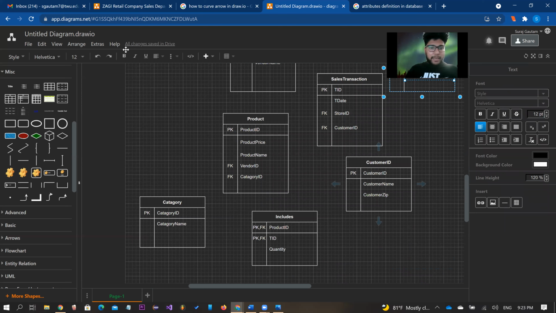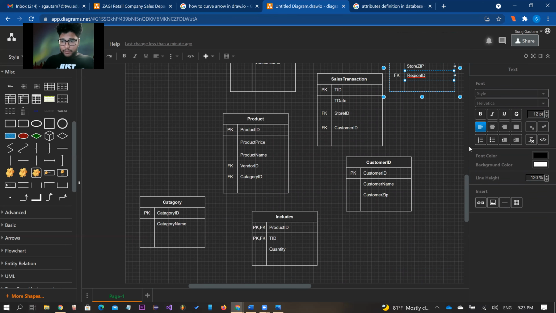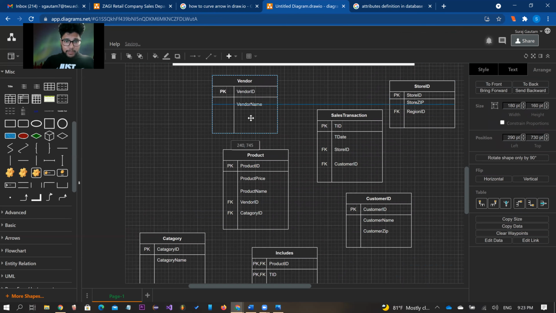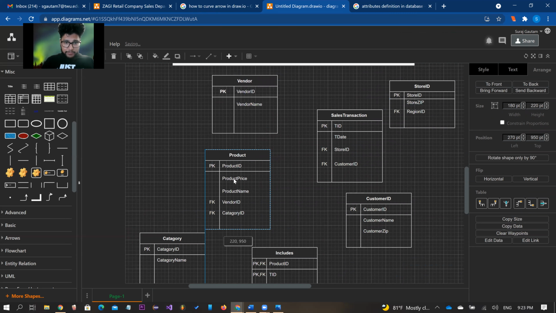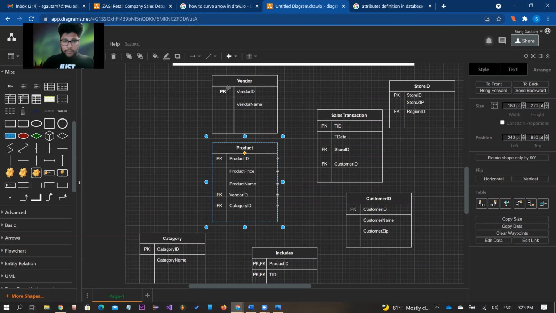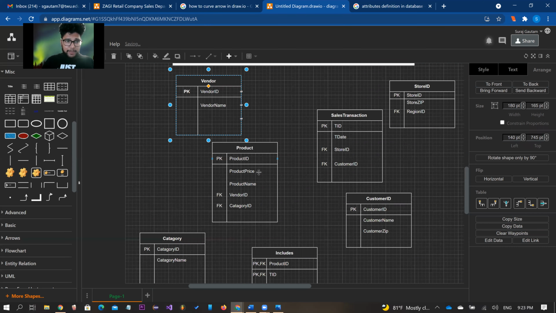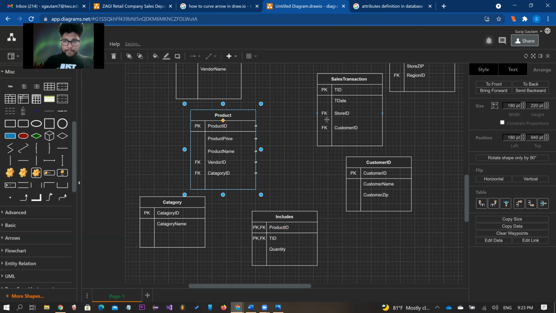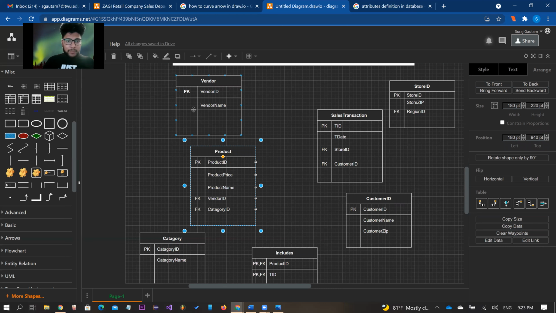So that's basically the schematic. And now what I'm going to do is arrange it. I have a very small screen, so now let's see.